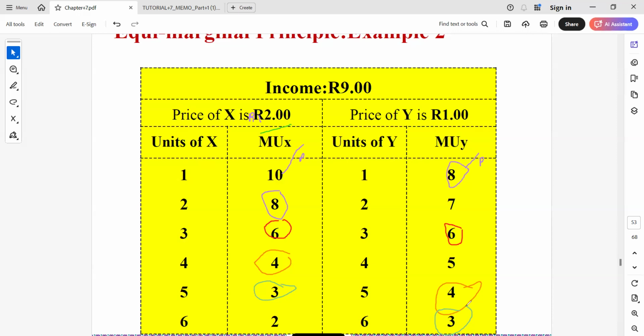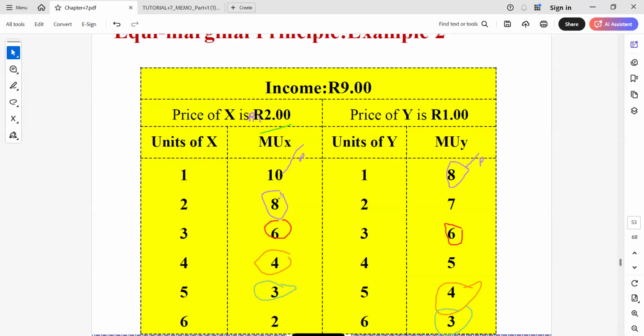And then the second condition is that the combinations which the consumer can purchase have to be equal to the income. The income is still 9 rand. So let's firstly do the first combination where the marginal utility per rand is 8.